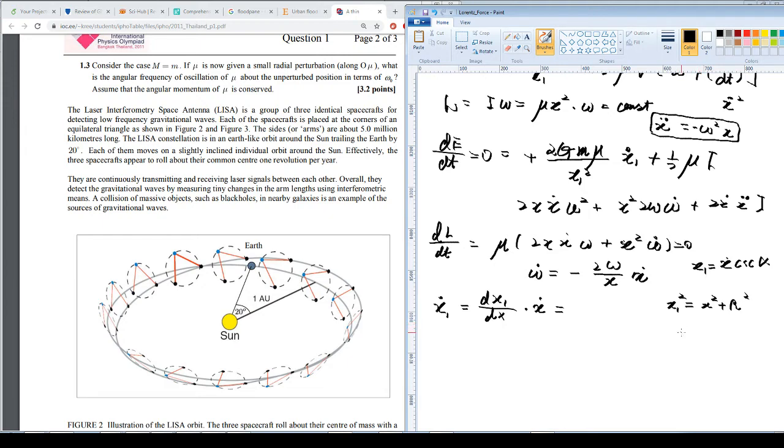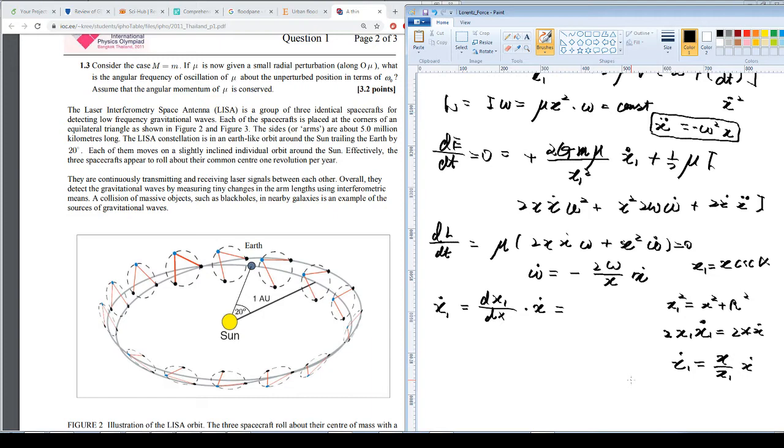You do an implicit differentiation: 2x1 x1 dot is 2x x dot. But it will get to the same point. It's just x1 dot is x dot cosecant alpha. Okay, therefore x1 dot is x over x1 x dot.